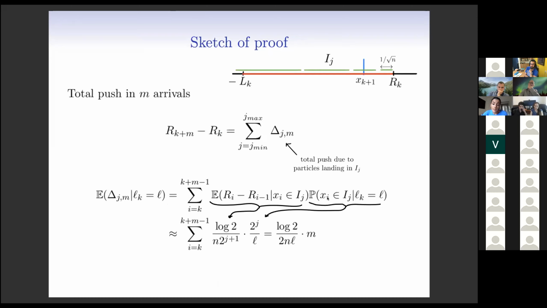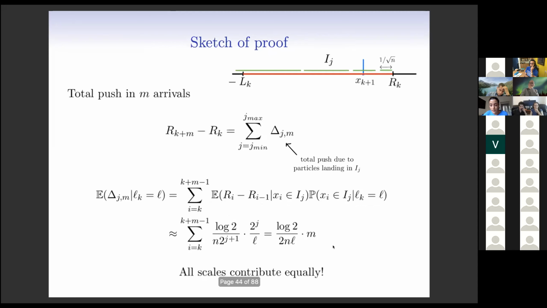The probability that the particle lands in one of these intervals is just the length of I_j divided by the length of the interval itself. And then we just sum over all these contributions. And what we see is that the j cancel out, and so all scales contribute equally.